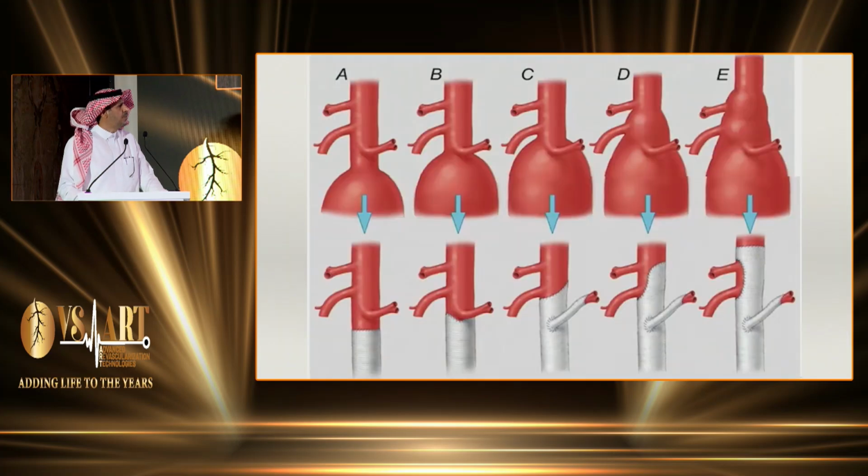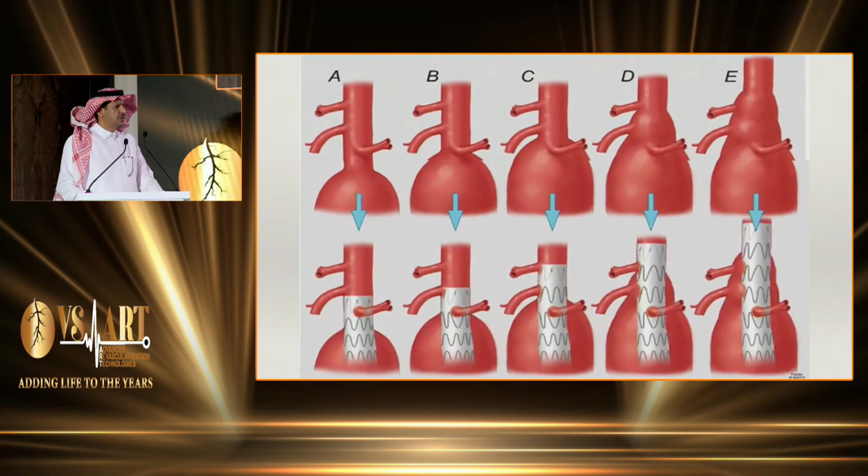And open management for each type is either a tube graft, standard infrarenal or fish mouth to preserve the orifice of the renal artery, or implantation of the renals or interposition graft and extending the graft to the suprarenal, or patch graft of the SMA and celiac artery.